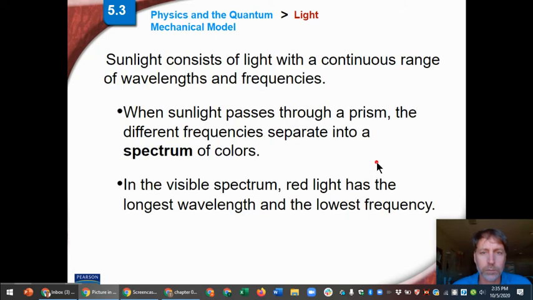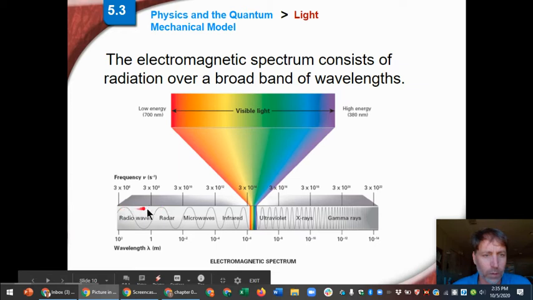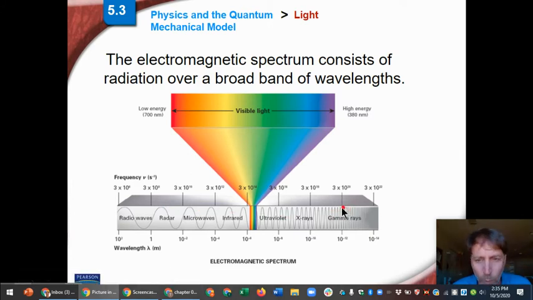Going the other direction, as the frequency gets smaller, the wavelength gets bigger. So there's a bigger distance between waves here, but the frequency is lower. As the frequency increases, the wavelength decreases. This is what's called the electromagnetic spectrum.